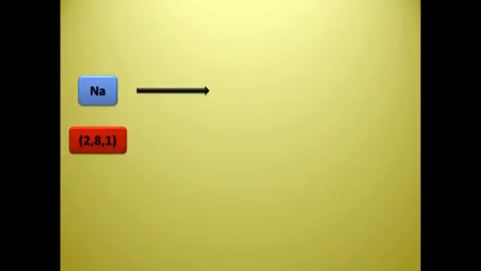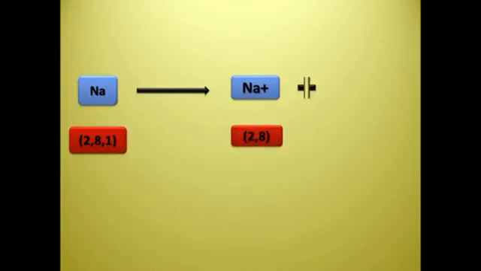Due to the loss of an electron with regards to the nuclear charge, it does not remain neutral but becomes positively charged. Therefore, it is called the positive ion of sodium. You can see here sodium atom gives sodium positive ion and one free electron.